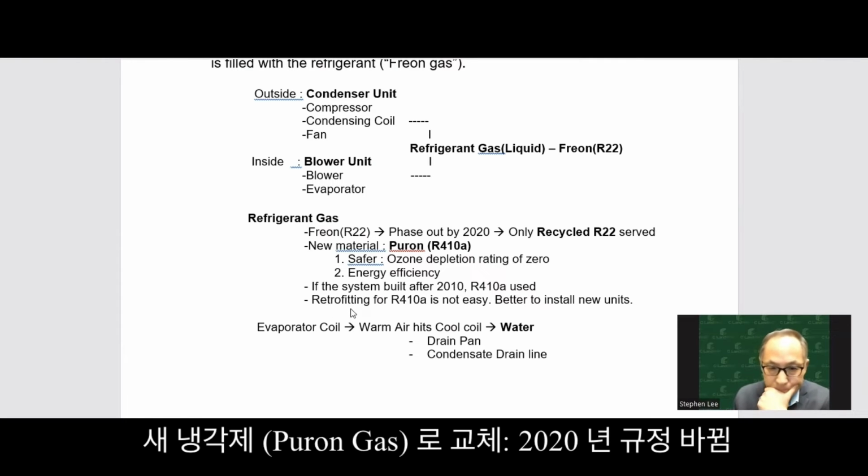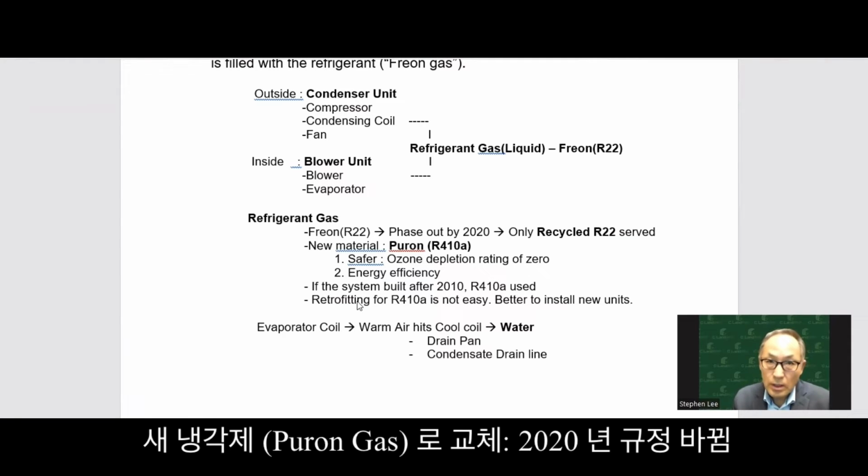But let's say you have an old air conditioning system built before 2020. Then you have to somehow fix it, what we call retrofitting, so that the older system can use the new refrigerant gas, but that's not easy.